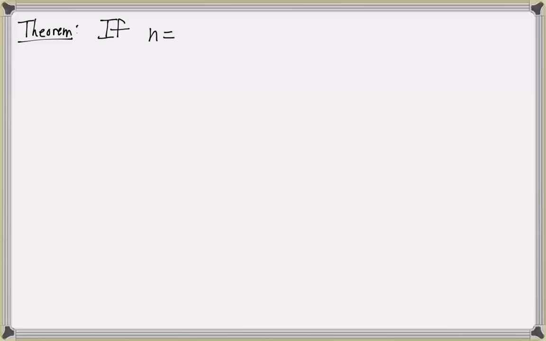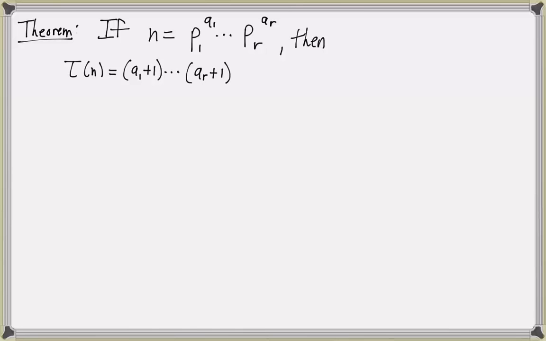So if I have the prime power decomposition for n, so n equals p1 to the a1 up to pr to the ar power, then tau of n will equal a1 plus 1 times a2 plus 1 all the way up to ar plus 1.